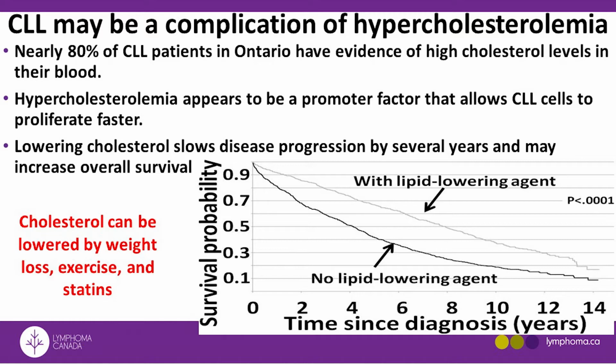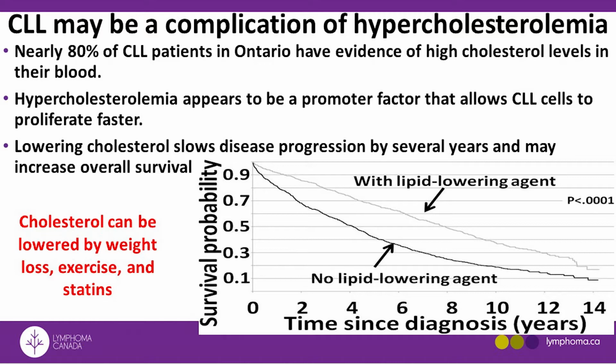So it was, again, retrospective records from data from long before the current treatments were available. But what it showed was that if you were on a lipid-lowering agent, you could see that the time of survival was actually extended by about 3 or 4 years, which is really quite an impressive result.